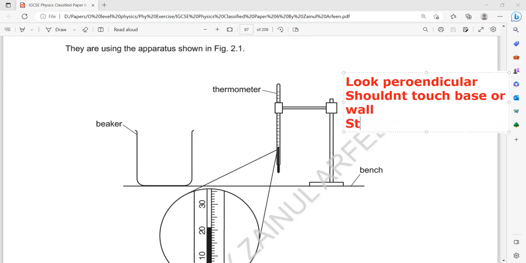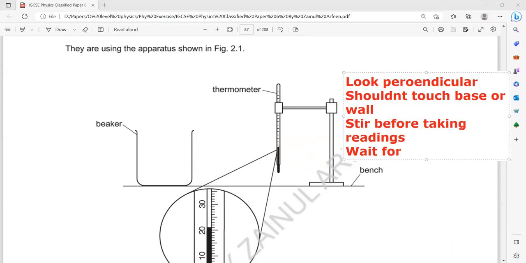And you should stir before recording the temperature. And one more thing, you should wait for the temperature until the temperature stops rising.